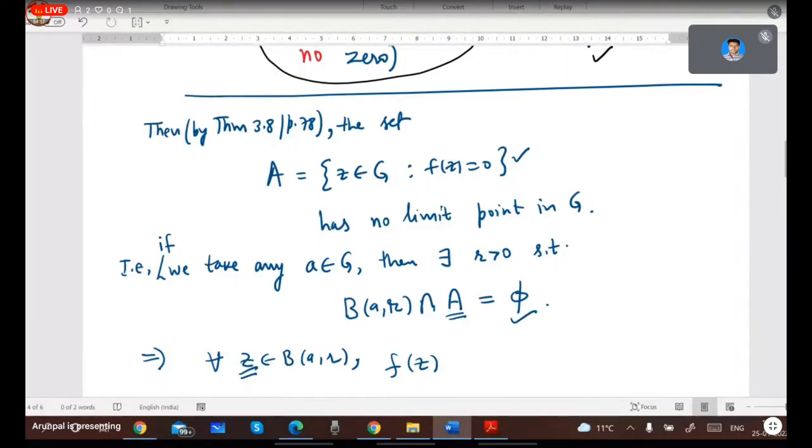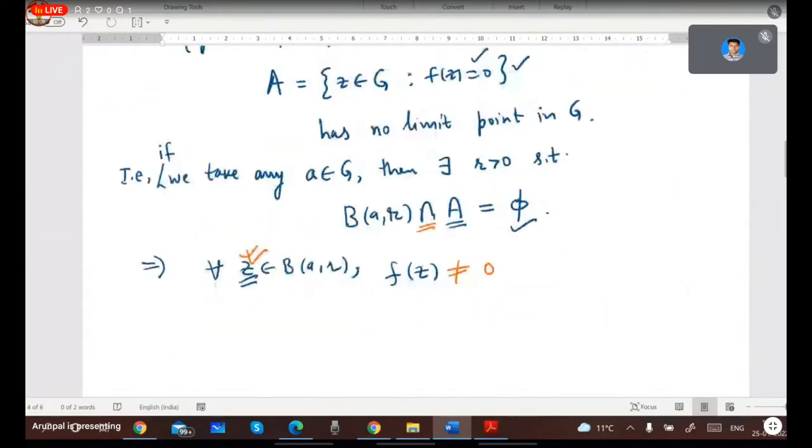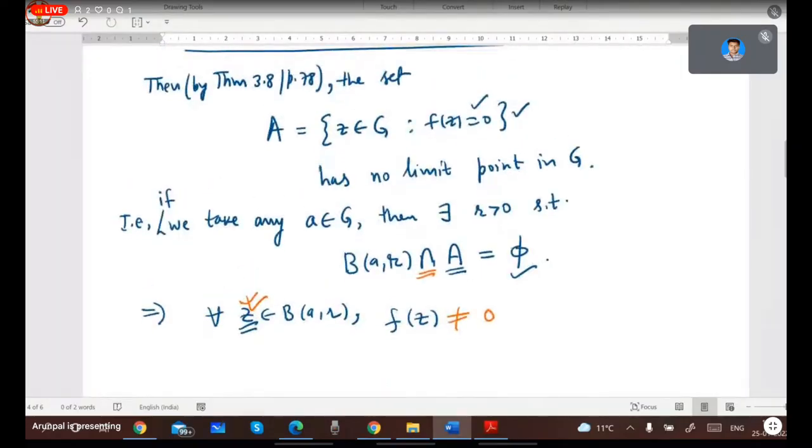Yes. If they are not in A, so what is A? A is the collection of all those z's where f vanishes. But if these z's are not in A, because this intersection is empty, the value of f at these z's must be not equal to 0. Is this okay, class? Yes, sir.